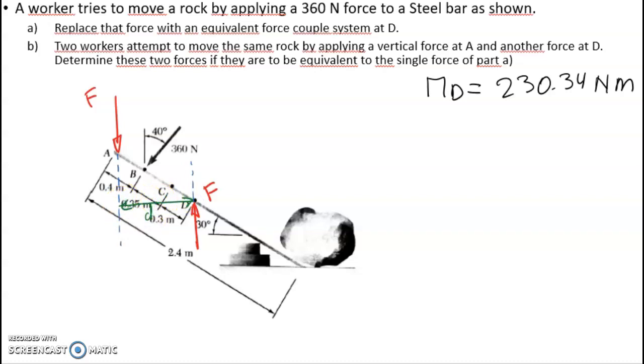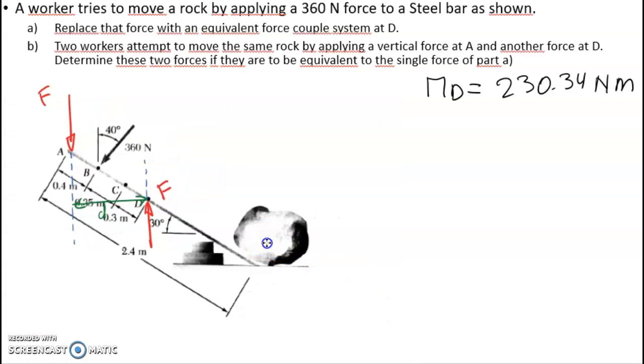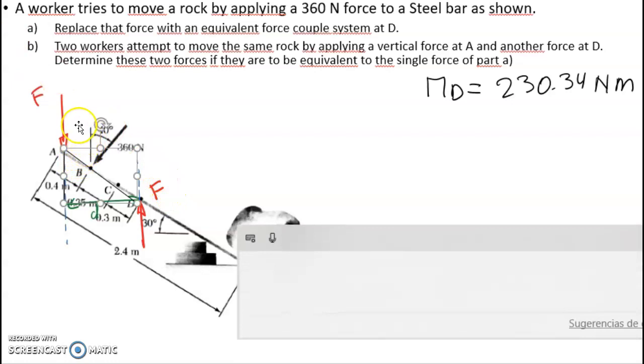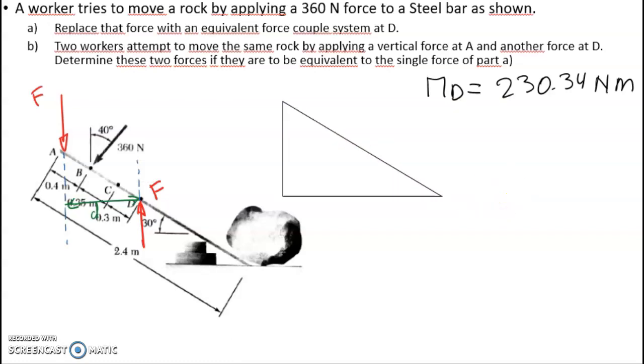So we can replace everything and we can work with a right triangle that goes from A to D, like that. That right triangle will have a 30-degree inclination.